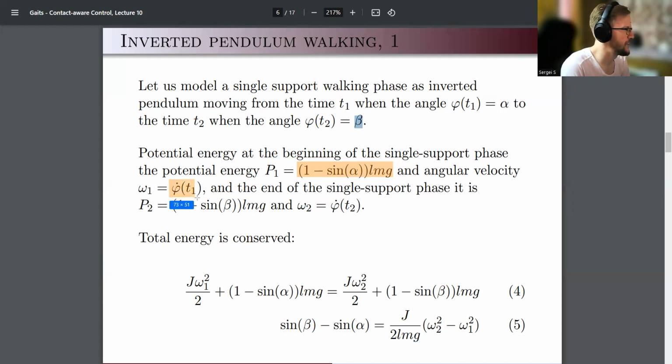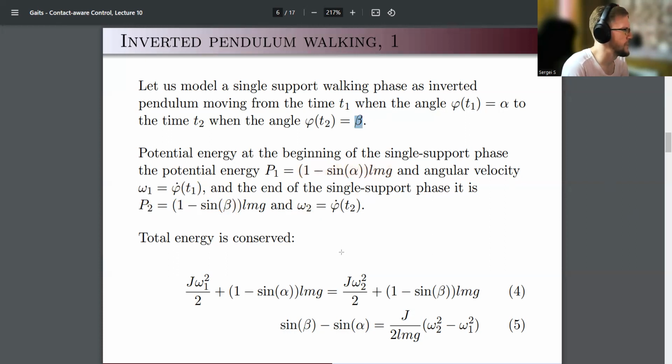Angular velocity is omega 1. At the end of the single support phase, it is P2, which is equal to (1 minus sine beta) lmg, and angular velocity is omega 2.